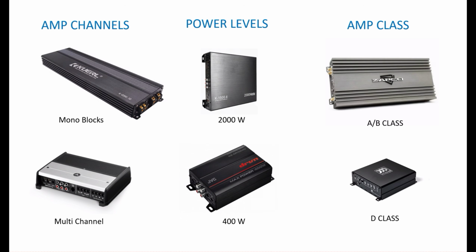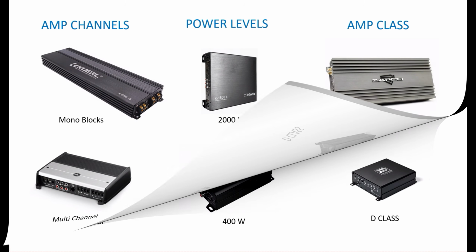So amplifiers come in many different shapes and sizes, and we haven't even touched upon bridgeable, single and dual power rails, and other features found in amplifiers. But once again, we're going to dive into all of those details and the pros and cons of each later in this series.